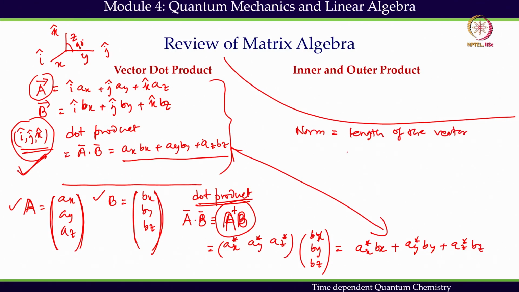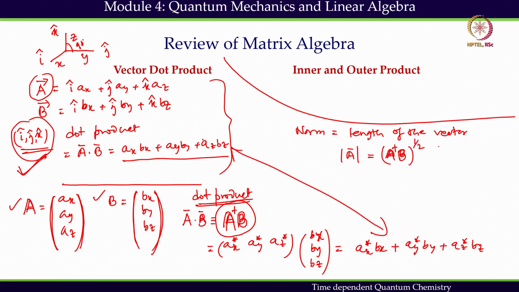That is represented by, this is the vectorial representation. Then we will go for the matrix representation. The matrix representation is going to be A dagger B to the power half.